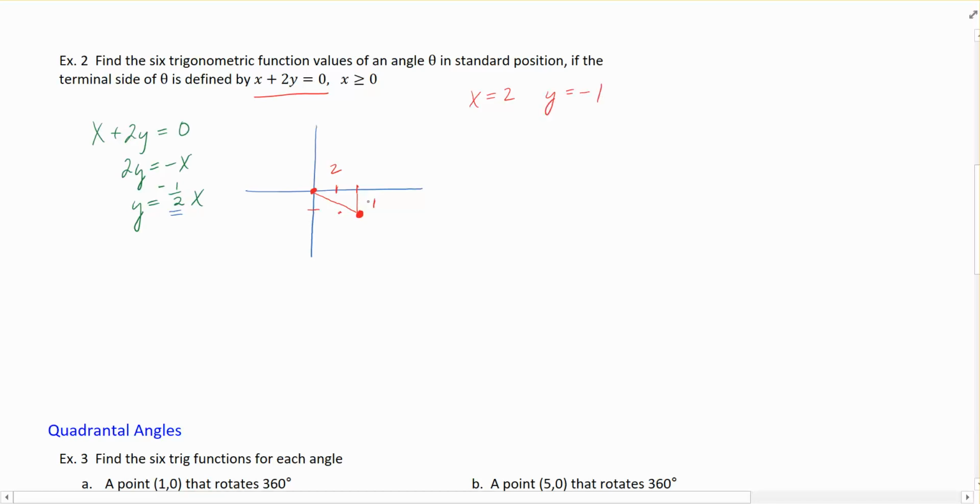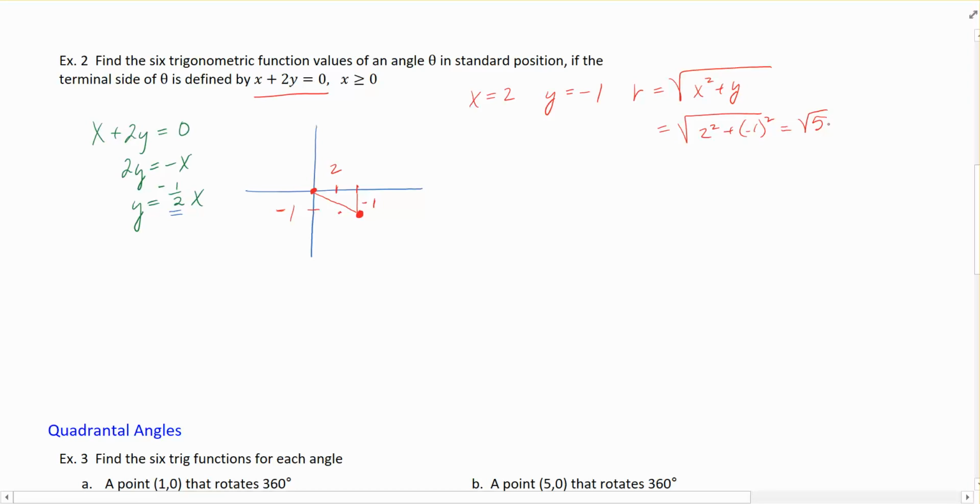I didn't write that, but that's what it should be, because I went down 1 on my graph. And now I'm looking to figure out what r is. r is the square root of x squared plus y squared, or in other words, the square root of 2 squared plus negative 1 squared. So 2 squared is 4, plus 1, would be the square root of 5.